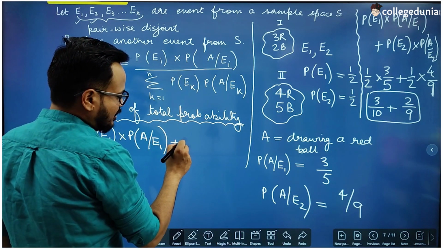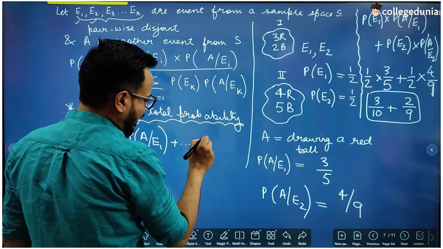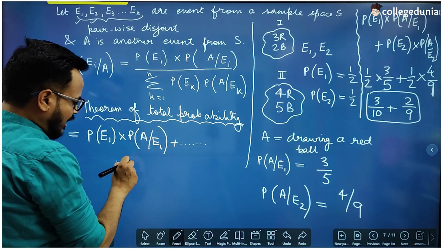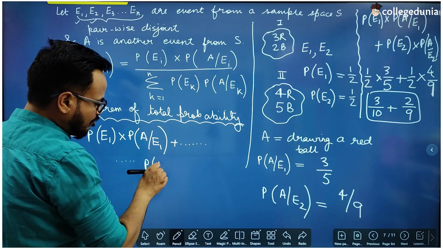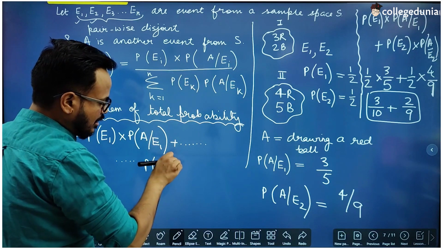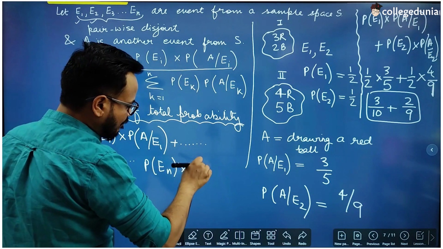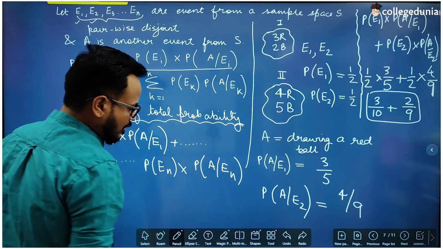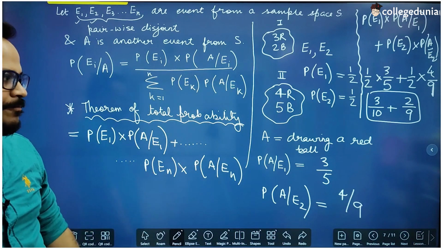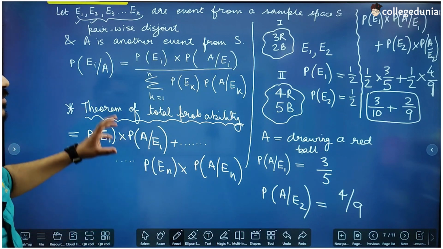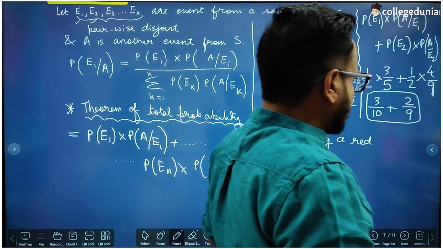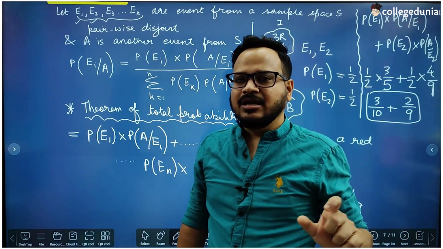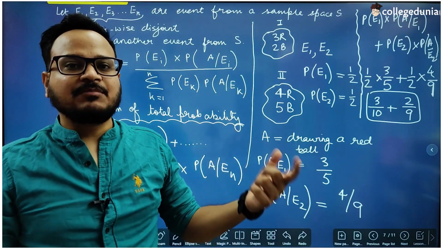So let's say there are n bags, so we will add all this till n times. So the last term will be P(En) into P(A/En). Clear?